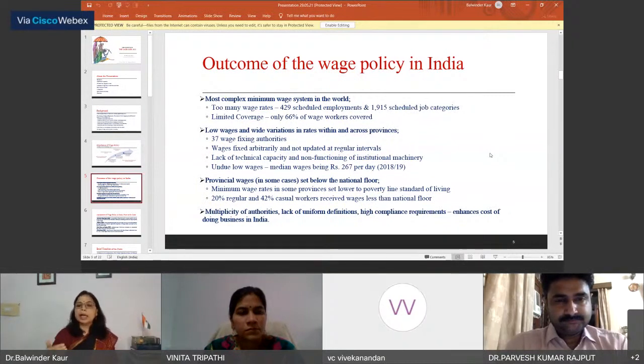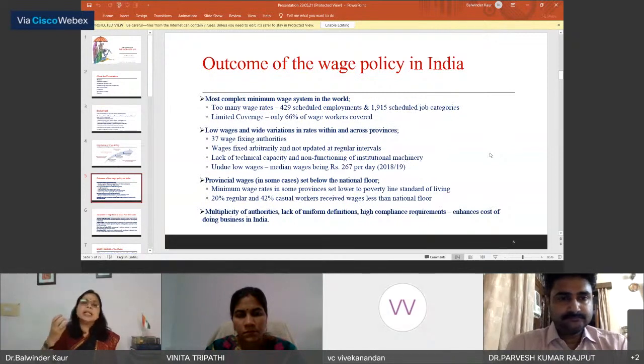Then lack of technical capacity and non-functioning of institutional machinery, undue low wages, median wages being rupees 267 per day in 2018-19. Then the minimum wage rates in some provinces were set lower than the poverty line standard of living.